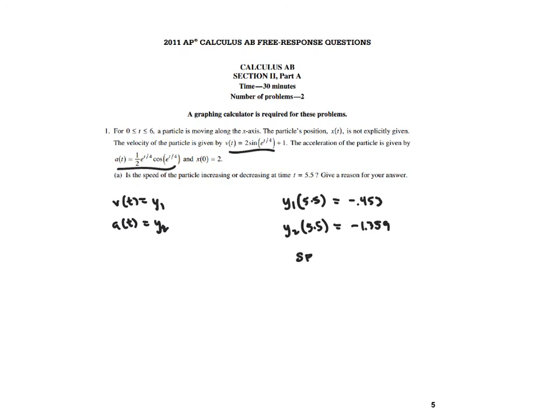Therefore, we could say the particle was speeding up, or the speed was increasing, at t equals 5.5 because v of 5.5 and a of 5.5 have the same sign.